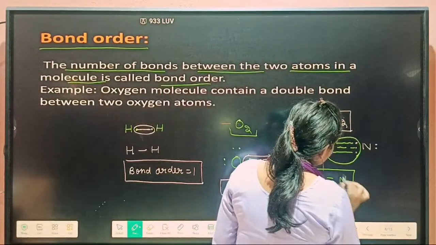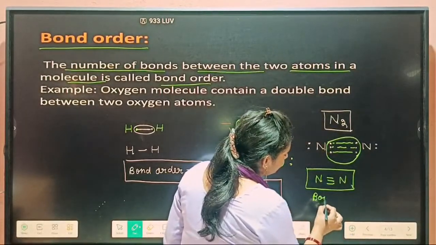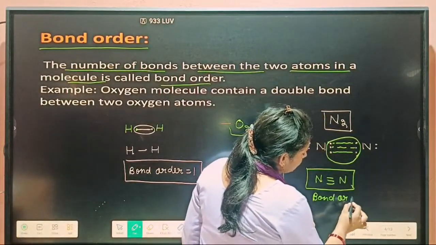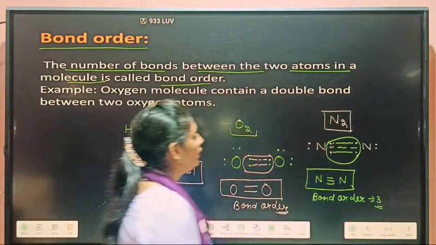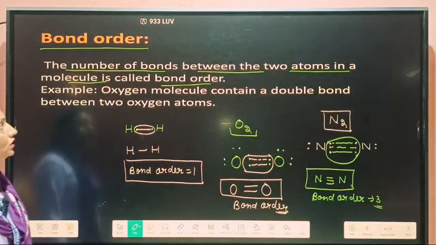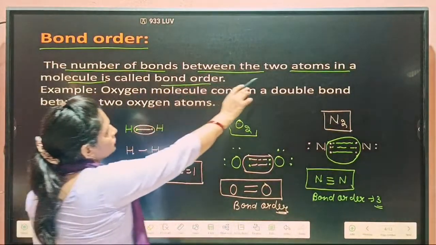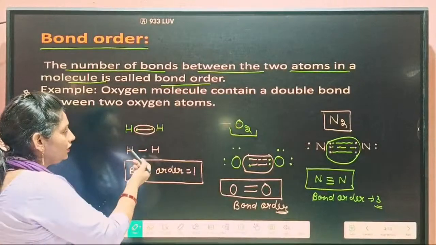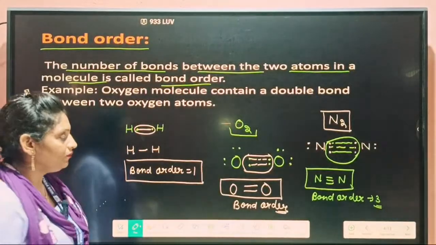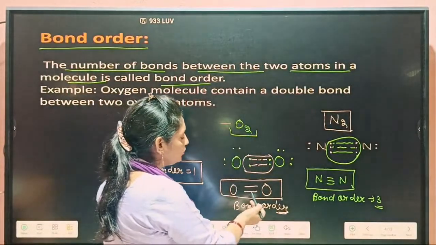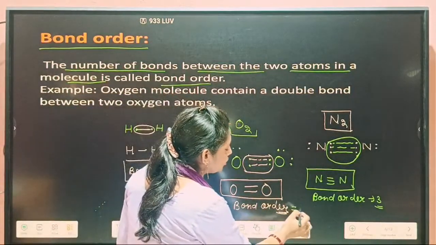So here what will be the bond order? Here bond order will be 3. Then students, what is the bond order? Bond order is the number of bonds between 2 atoms. So here between 2 atoms in H2, only one bond, so bond order is 1. In case of O2, there are 2 bonds, so bond order is 2 here.